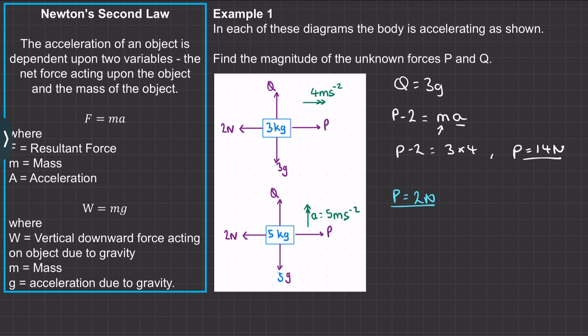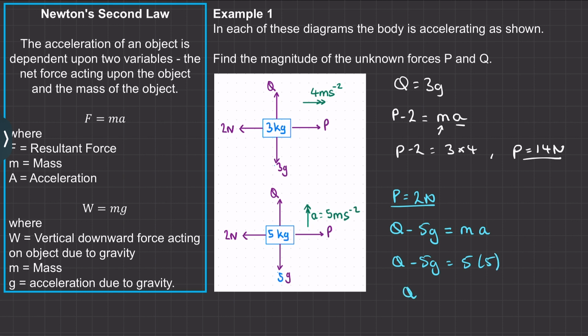To work out Q, because it's accelerating upwards, we know the force Q must be bigger than the weight. So the net force will be Q minus 5G. Again, this will be the product of a mass and the acceleration. So Q minus 5G will be the mass of 5 times the acceleration of 5.